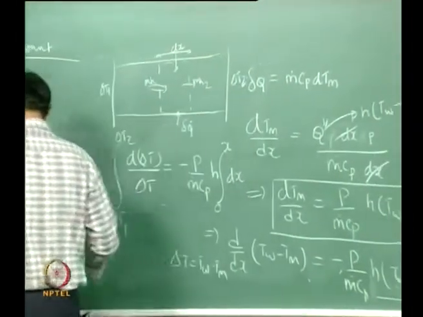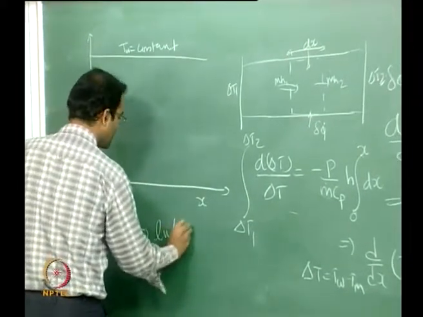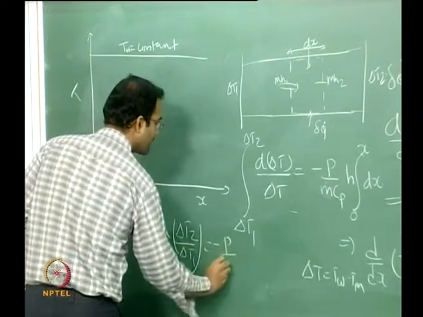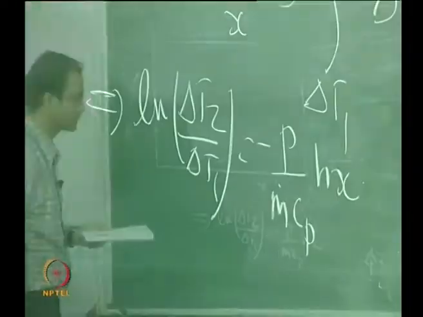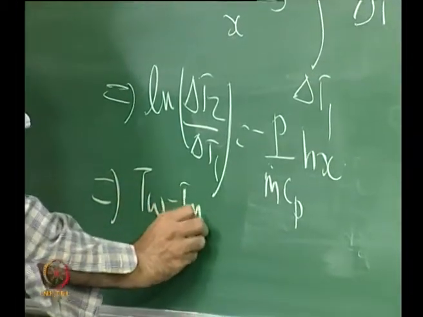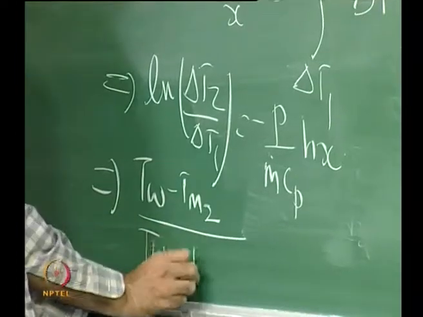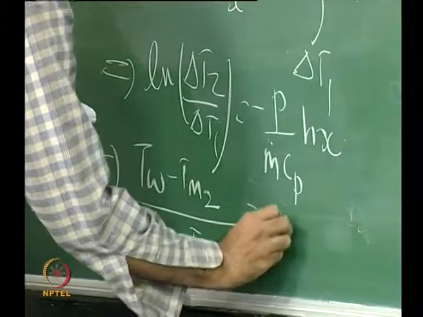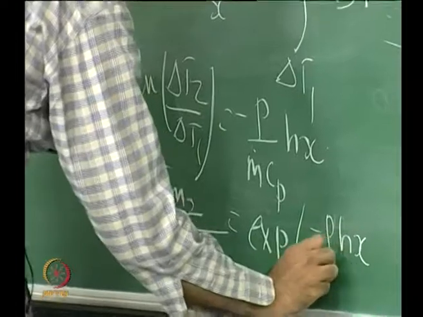This will give me ln of delta T2 by delta T1 equal to minus P by m dot Cp h into x. So my T wall minus T mean at some location 2, divided by T wall minus T mean at 1, will be equal to exponential of minus P h x by m dot Cp.